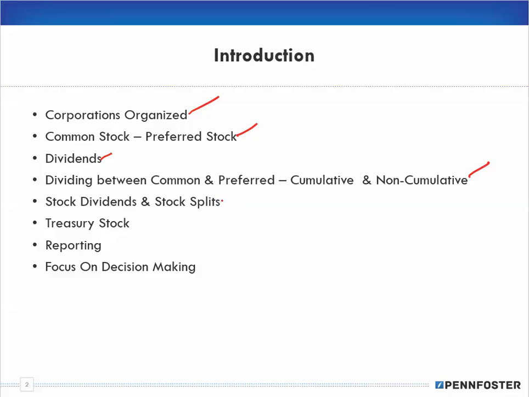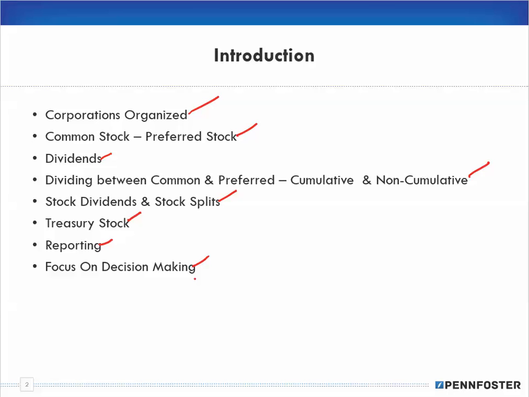Then we can also discuss stock dividends and stock splits. We'll cover something called treasury stock, which is the company buying back the stock. And we'll take a look at reporting, how it's shown on the balance sheet. And then the focus on decision making, just like at the end of every chapter, there are ratios that you use for analysis.